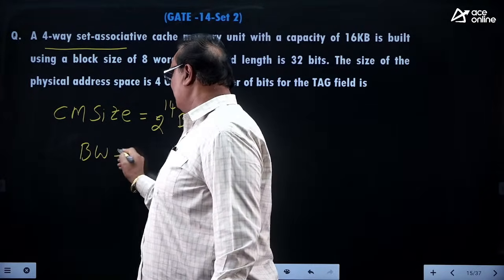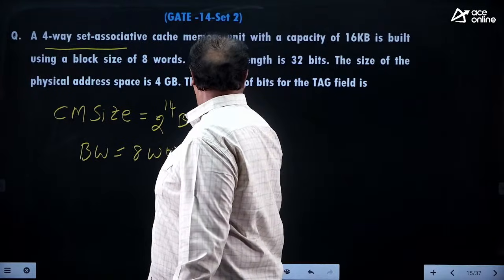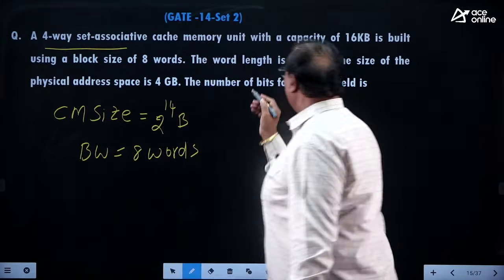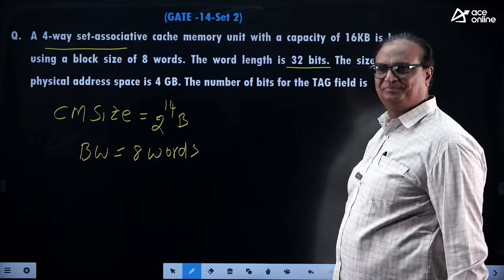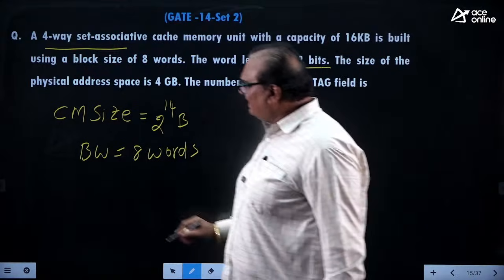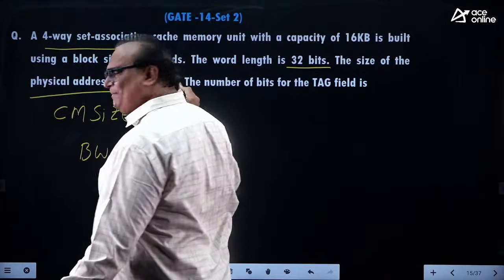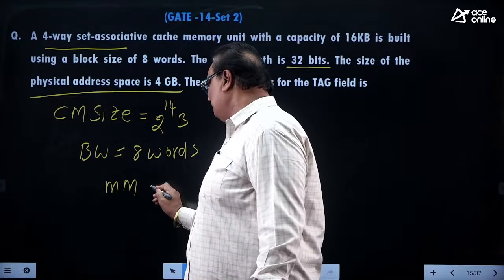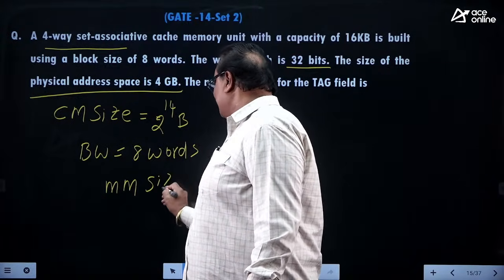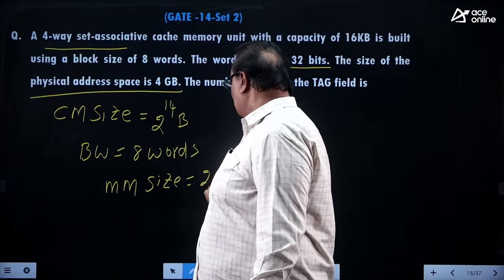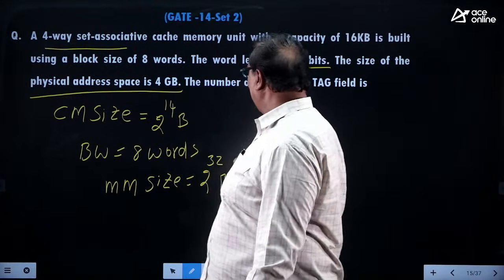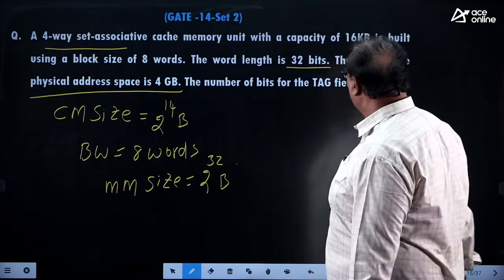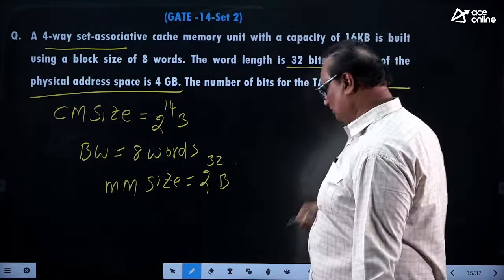BW, the number of words in a block, is 8 words. But word length is not 8 bits, it is 32 bits. At the same time, the size of the physical address space is 4 GB. Physical address space means main memory, and size means storage capacity. 4 GB means 2 power 32 bytes. Later, what did he ask? The number of bits for the tag field is dash. Look here.